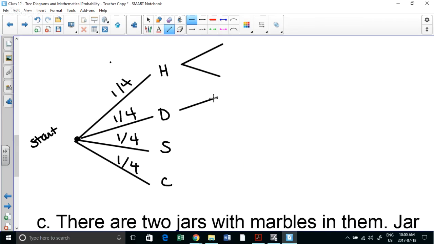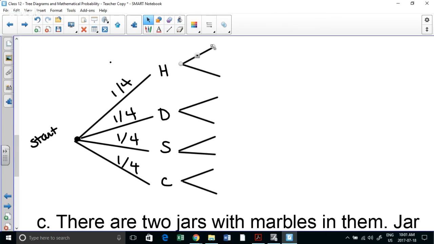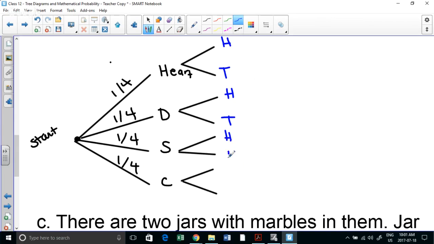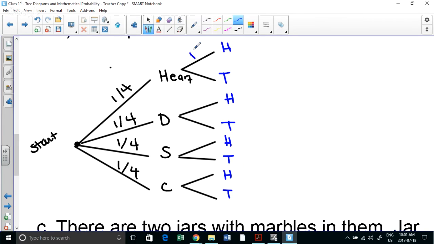So our next step has 2 outcomes. So we've got heads and tails. And then each of these probabilities is 1/2.